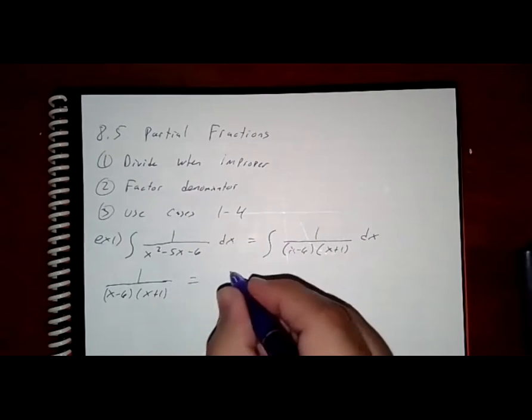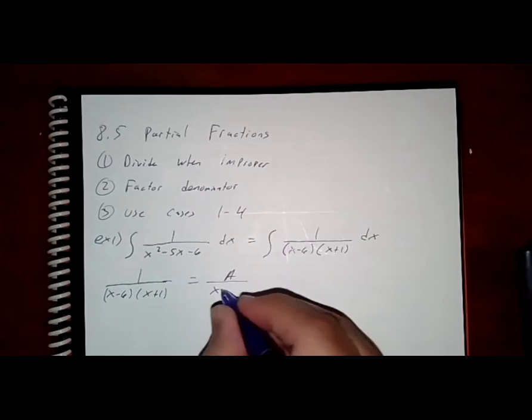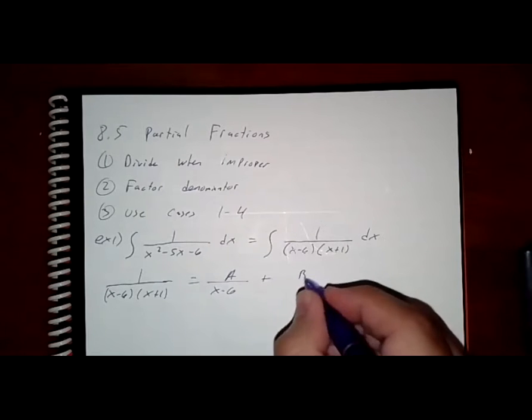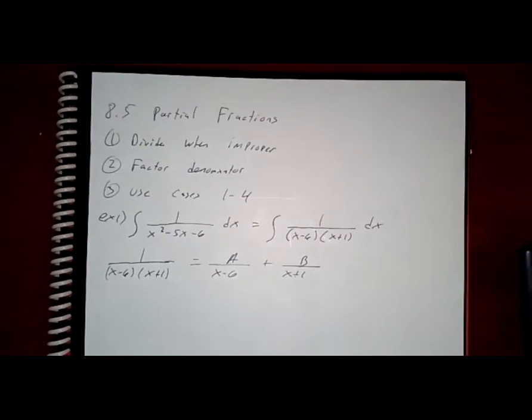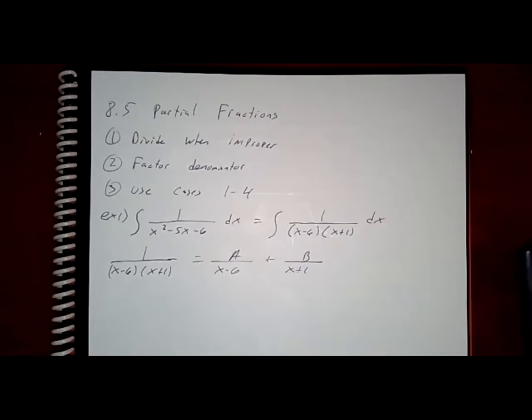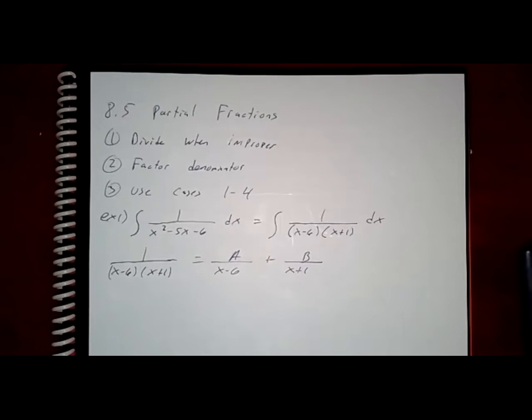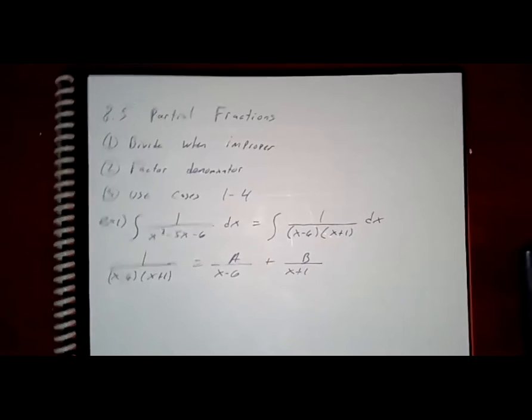So remember how we said this will be equal to A over x minus 6 plus B over x plus 1. So this starts the time for A and B. So this is the procedure.